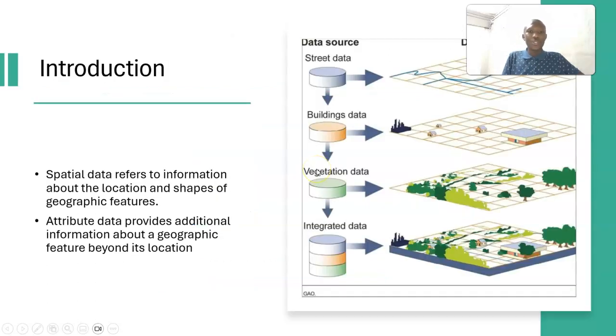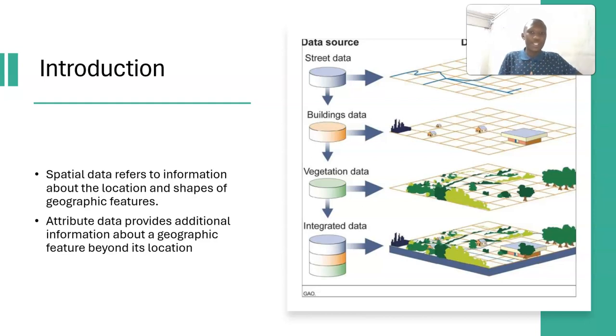Right, so to start off, I wanted to start with the definition of what spatial data is. When you think about spatial data, you need to be thinking about information about the location and shapes of geographic features. That is well represented on the figure next to the intro, which breaks down different features into categories.